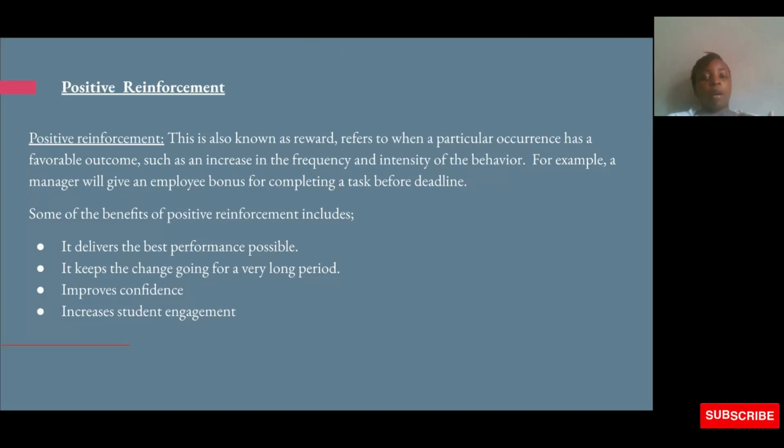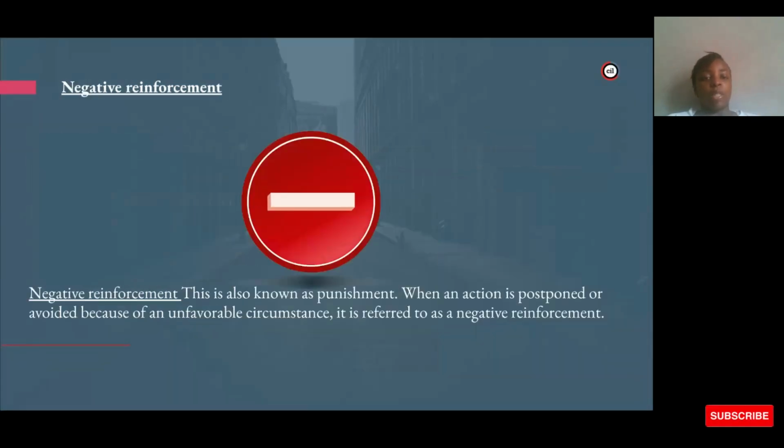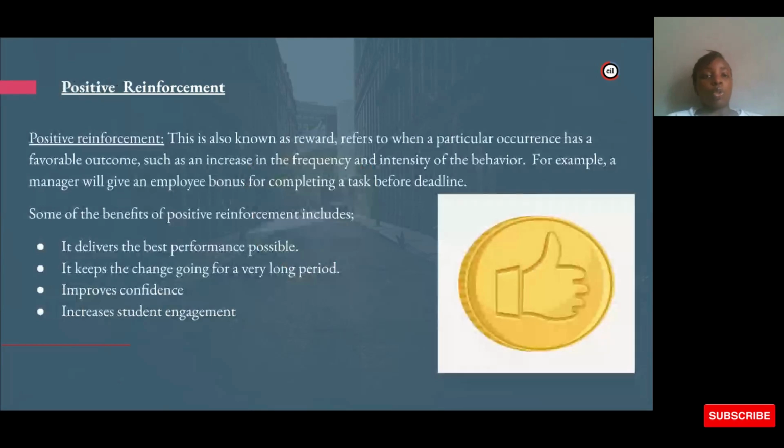We have some benefits of positive reinforcement. So one of them is it helps you to be confident. It helps you a lot. Your confidence will increase because you know that you put in so much effort in what you do. So it will also help you to bring out your best performance possible.